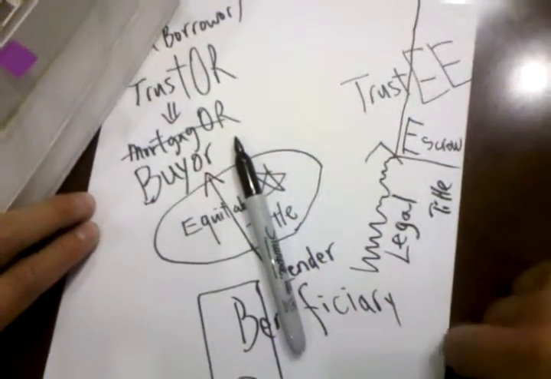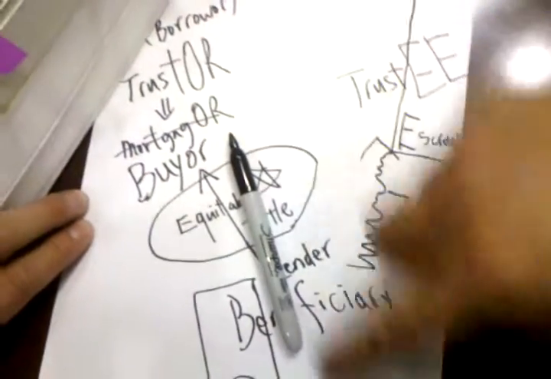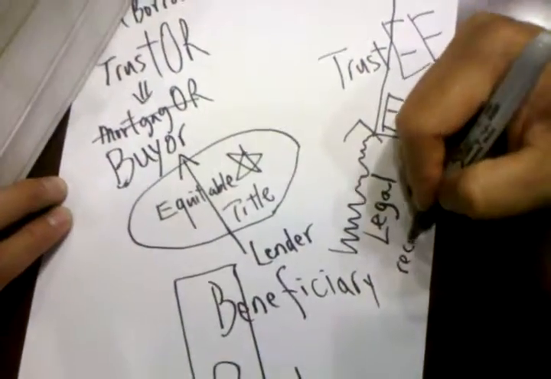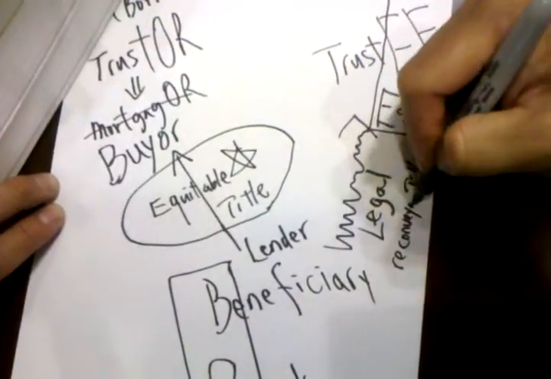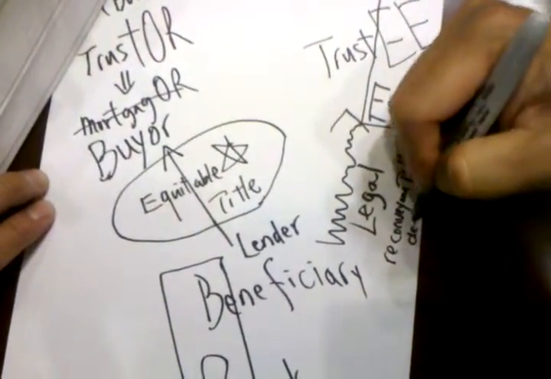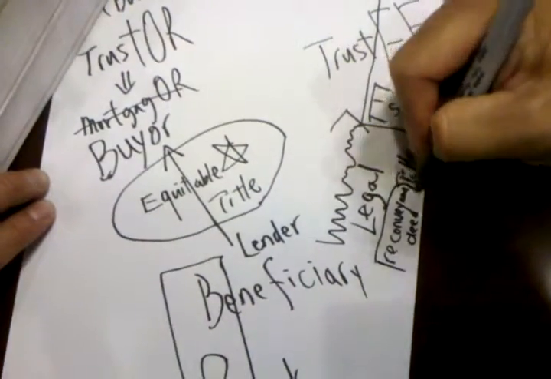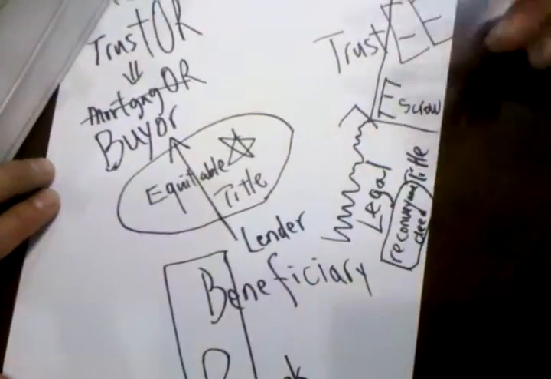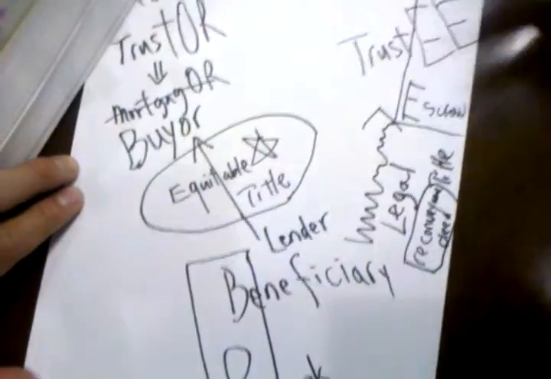The good ending is this guy truster pays off every single dollar. Beneficiary is going to tell this guy, first of all, it's called a reconveyance deed. This reconveyance deed actually is a kind of like resell. Convey, you remember it is sell. Resell, what does it really mean? It's a deed.